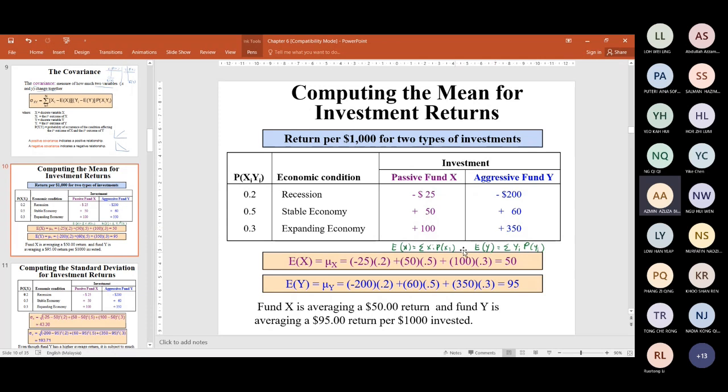From here, we can see that the return for investment X is lower than the return for investment Y. Investment X only gives you a return of $50, and investment Y gives you a return of $95. Logically, which one is better, X or Y? Y. Why?